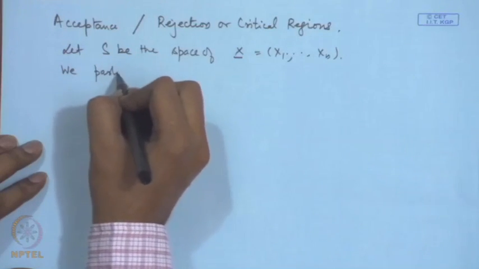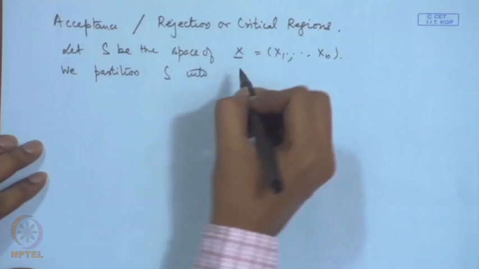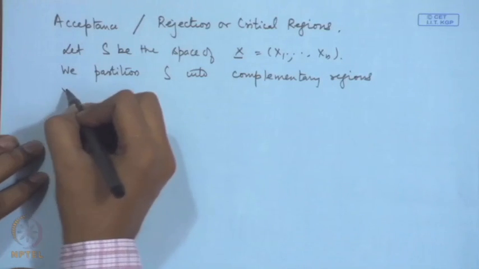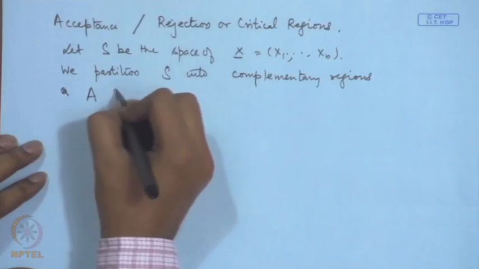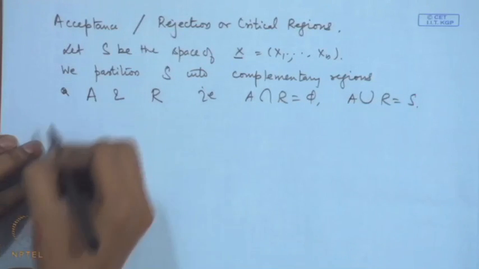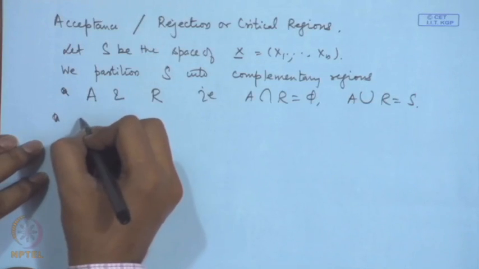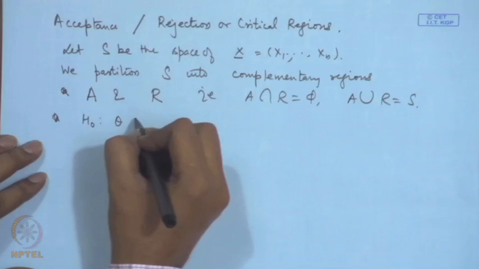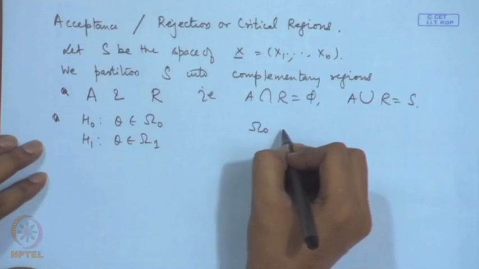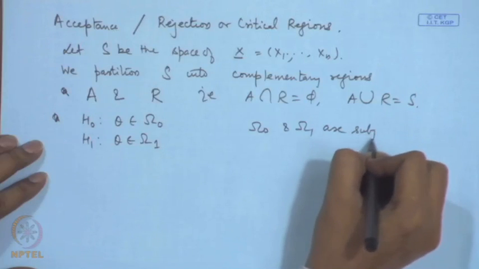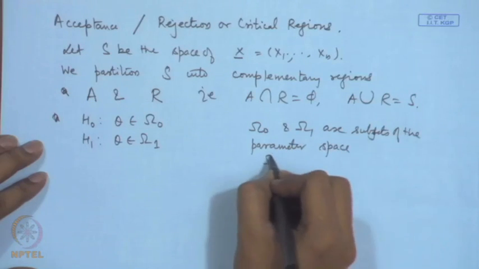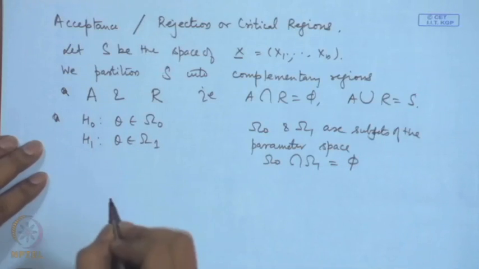We partition S into complementary regions, say A and R, that is A intersection R is phi and A union R is equal to S. Suppose we are considering the hypothesis testing problem H naught: theta belonging to omega naught and H 1: theta belonging to omega 1, where omega naught and omega 1 are subsets of the parameter space, and certainly omega naught intersection omega 1 must be equal to phi, they must be disjoint.